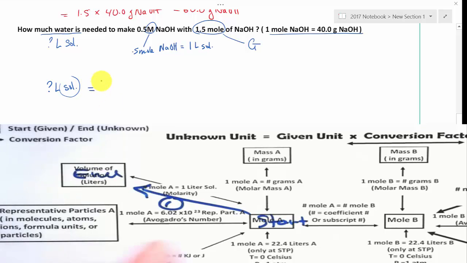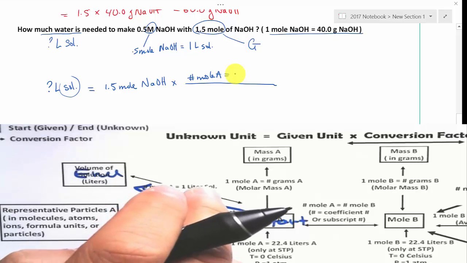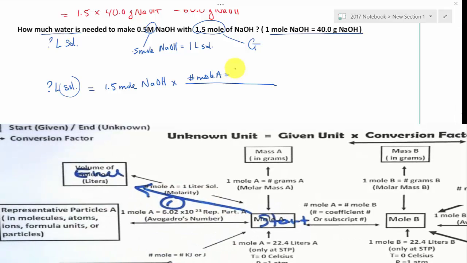And that is equal to the given, which is 1.5 moles of NaOH, okay, times the conversion factor, which is number of moles A equal, that's the molarity conversion factor right there, equal to 1 liter of solution. Okay, and do we know what that number is going to be? Of course it's given to us right there. It's actually equal to 0.5. And that's it. That's all we have to do.